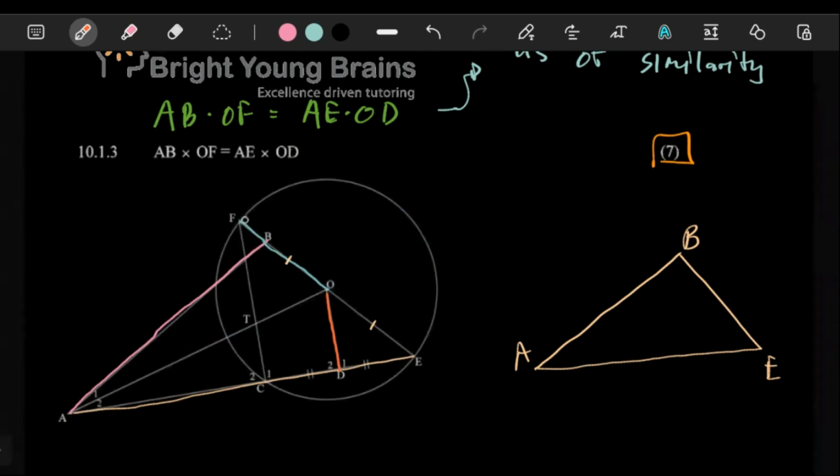So if we're thinking of this line that they spoke of, and this line that they spoke of, it's easier for us to just focus on a triangle that has at least this line in it, because the OE on its own there is just too random. It doesn't look like it's going to serve us any good.